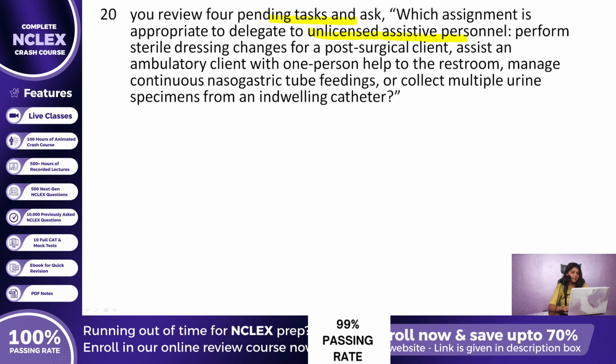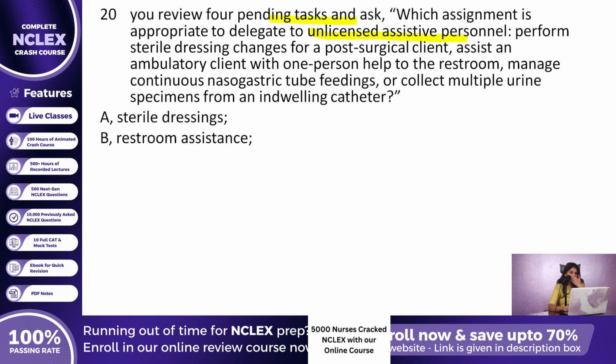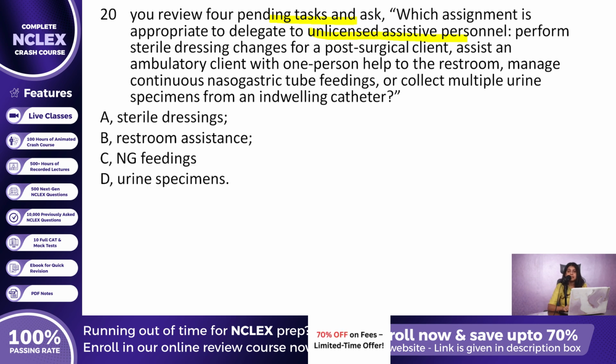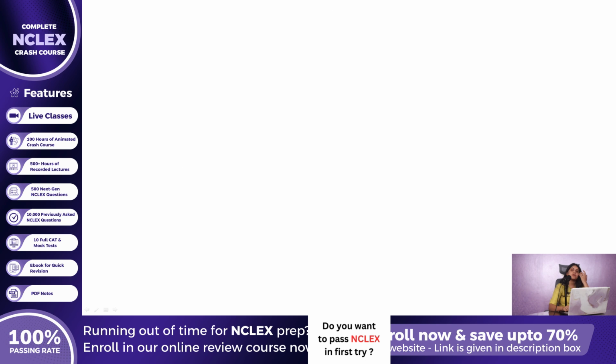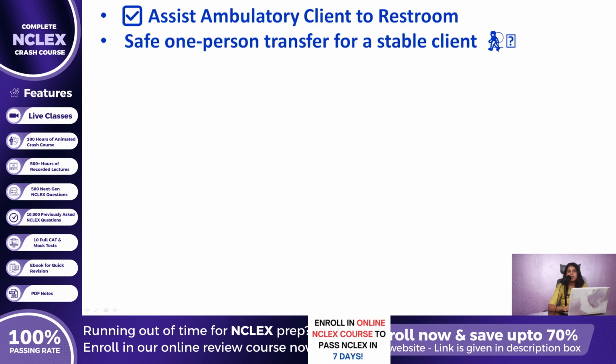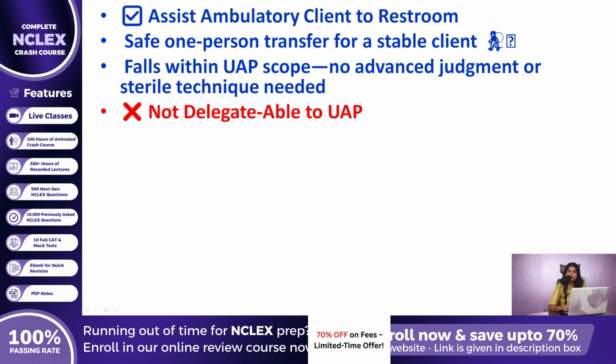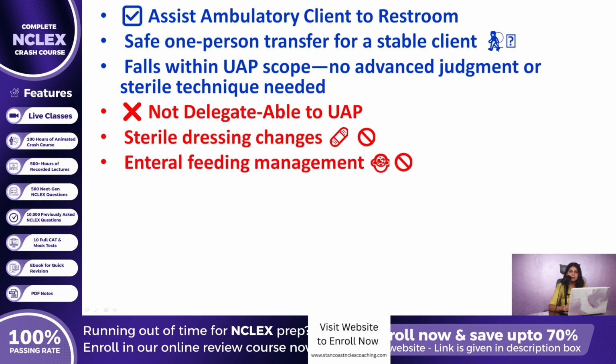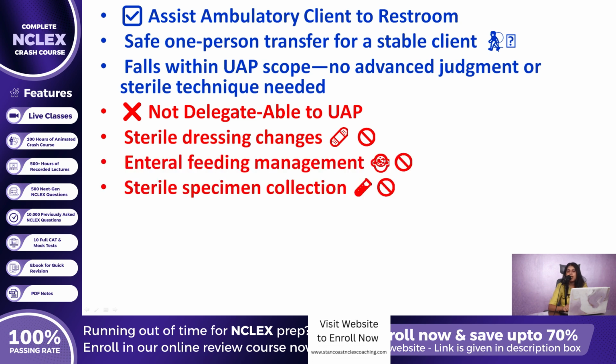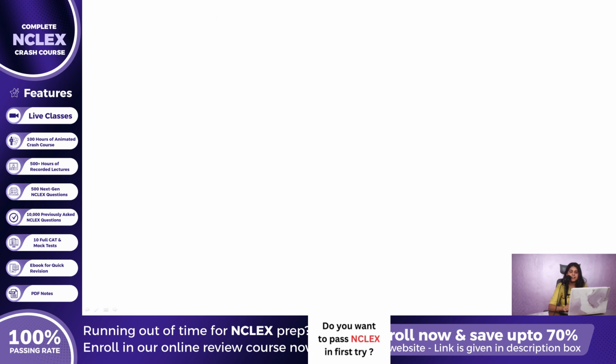The options are A. Sterile dressings, B. Restroom assistance, C. NG feedings, and D. Urine specimens. The correct answer is B. Assisting the ambulatory client to the restroom, because safe transfers of stable clients with one-person assistance fall squarely within UAP scope and do not require nursing judgment or sterile technique. By contrast, sterile dressing changes, enteral feeding management, and sterile specimen collection demand assessment, aseptic skill, and professional licensure.